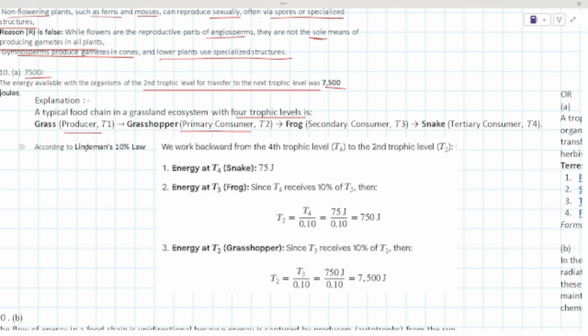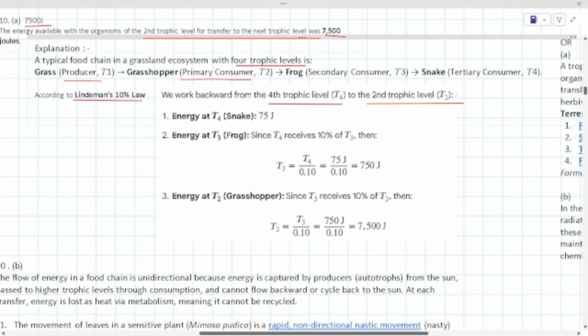Now according to Lindeman's 10% law, we work backward from the fourth trophic level T4 to the second trophic level T2. The energy at T4, that is the snake, is, as given in the question, 75 joule. When it comes to the frog, that is T3, the secondary consumer, it will increase by 10 times, so it will be 750.